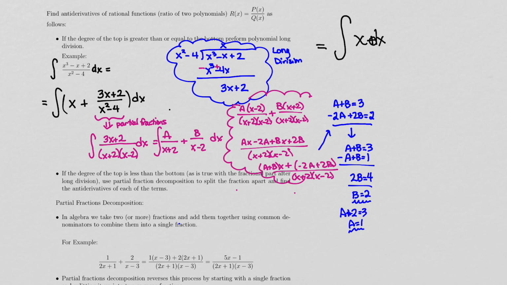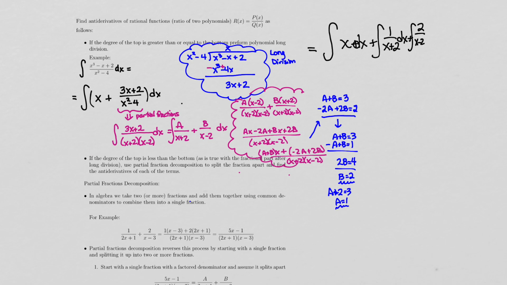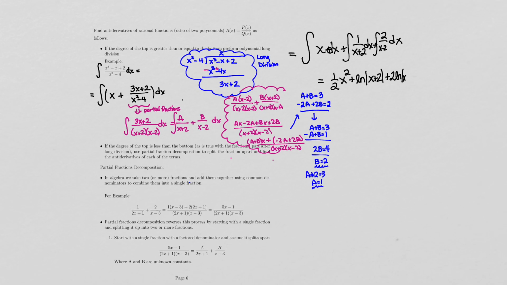So that's the antiderivative of x, the antiderivative of x plus 2, and 2 over x minus 2. Let's see if you guys are matching. 1/2 x squared plus the natural log of x plus 2 plus 2 times the natural log of x minus 2. I think. Check, make sure I did my work right.